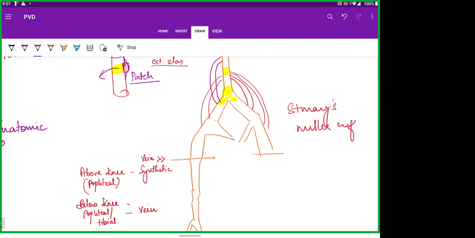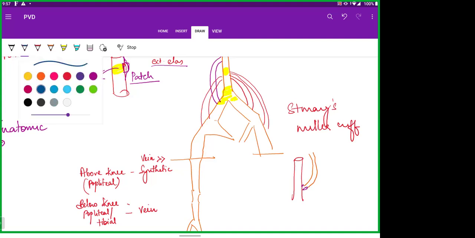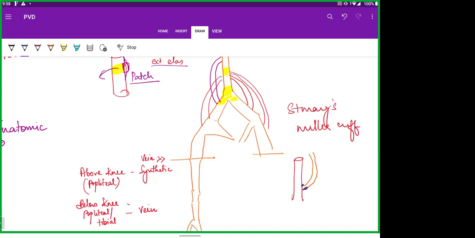Suppose we have the artery here and we don't have enough length of saphenous vein, we take a PTFE graft. At the distal end of the graft, we put this vein patch, which will prevent occlusion. This vein patch is called St Mary's boot or Miller's cuff.